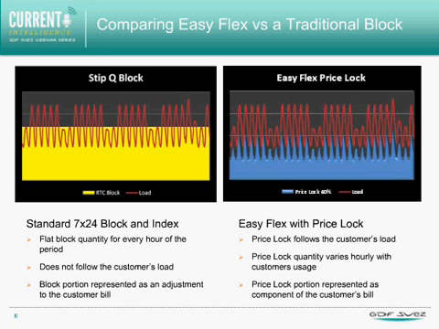And graphically on the right, that's represented by the blue shaded area. And you can see that its volume fluctuates every single hour as the customer's load fluctuates. From a billing perspective, and we'll show you a sample momentarily, this is a much easier structure to follow, in that the percentage of load that is fixed shows up as one line item, and the remaining load that is not fixed shows as a second line item.